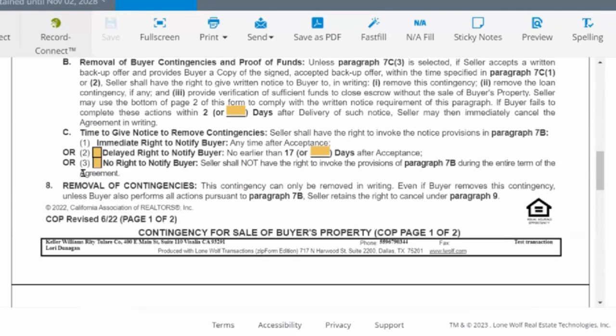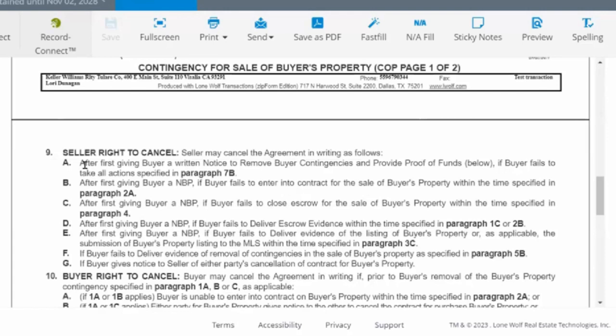Here's the other thing, and we only have 4 minutes. So this is a contingency for sale of buyer's property. If your buyer is able to buy their next house without selling their existing house, you don't want to use this form, because what this form does right here on number 9 is it gives the seller a number of ways that they can cancel the agreement with your buyer.